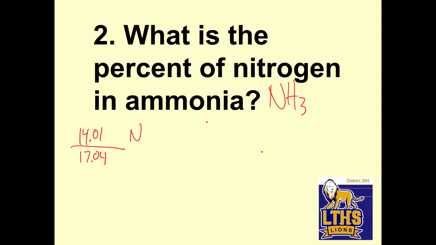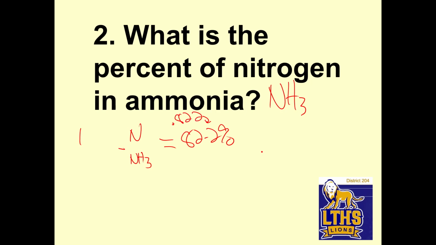So I have N over NH3. 14.01 divided by 17.04 is 82.2%. Actually, it'd be 0.822, but remember to change it to percent. You multiply it by 100%.